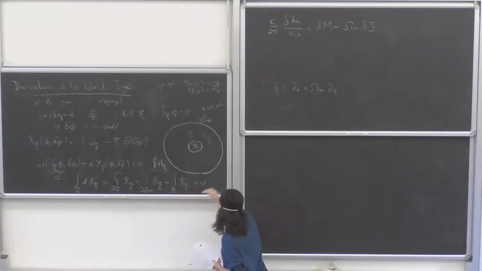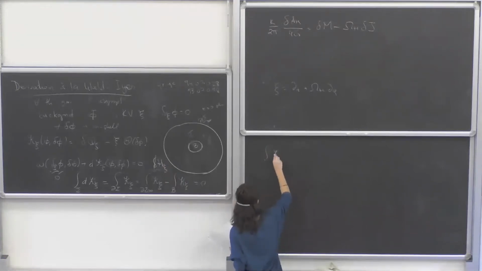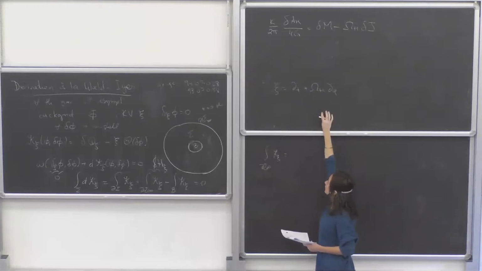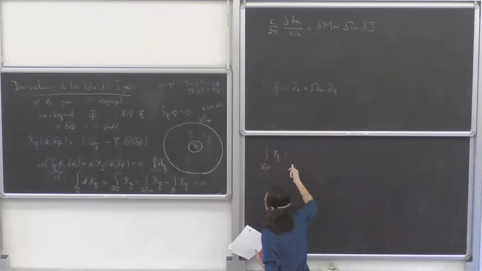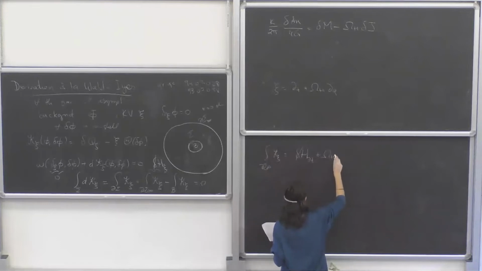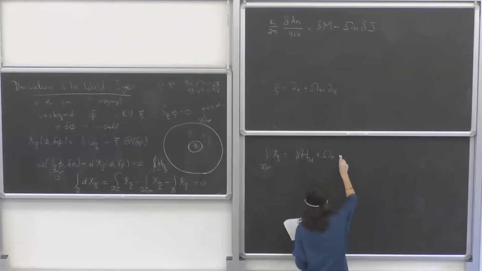So what are we getting? We're getting that the integral of k_c over the surface at infinity, using the fact that C is this particular Killing vector, as we have seen previously, is basically delta h dt plus omega_h delta h d phi.